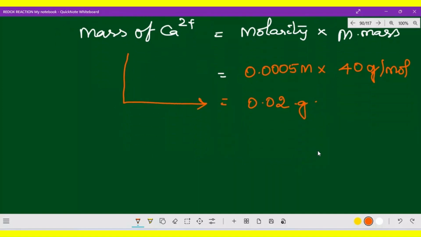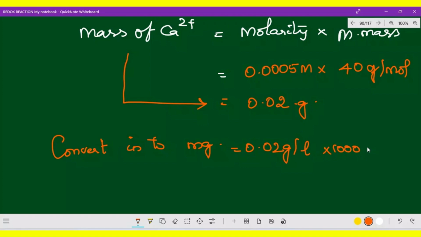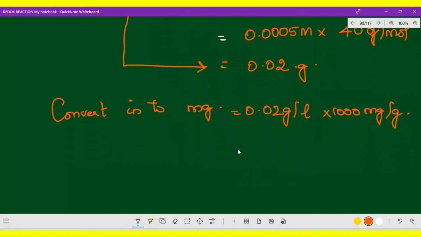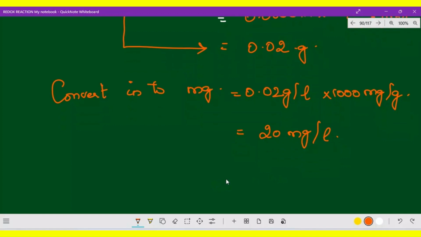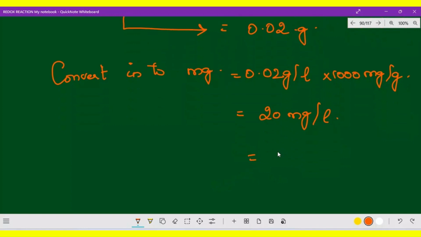Now convert into milligram. 0.02 gram per liter into 1000 milligram per gram. You will get 20 milligram per liter. So that means, as we observe here, 20 ppm, 20 parts per million.